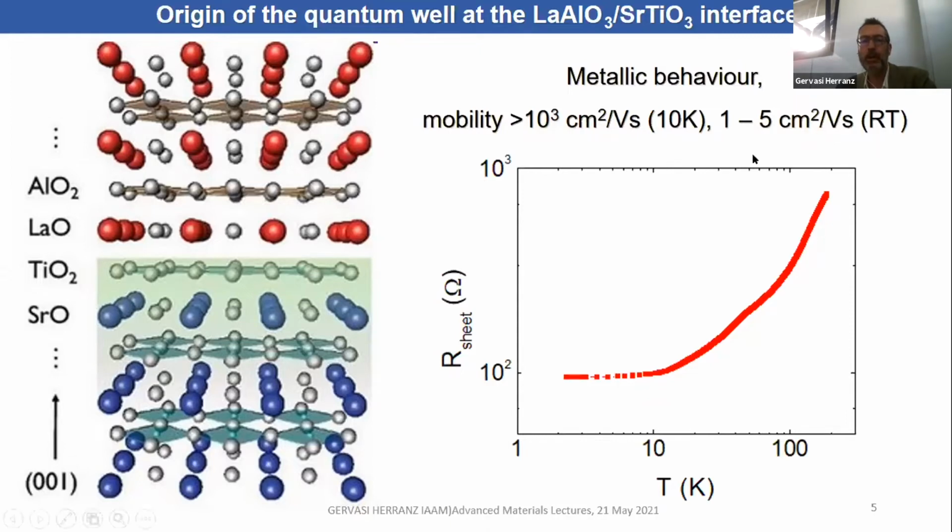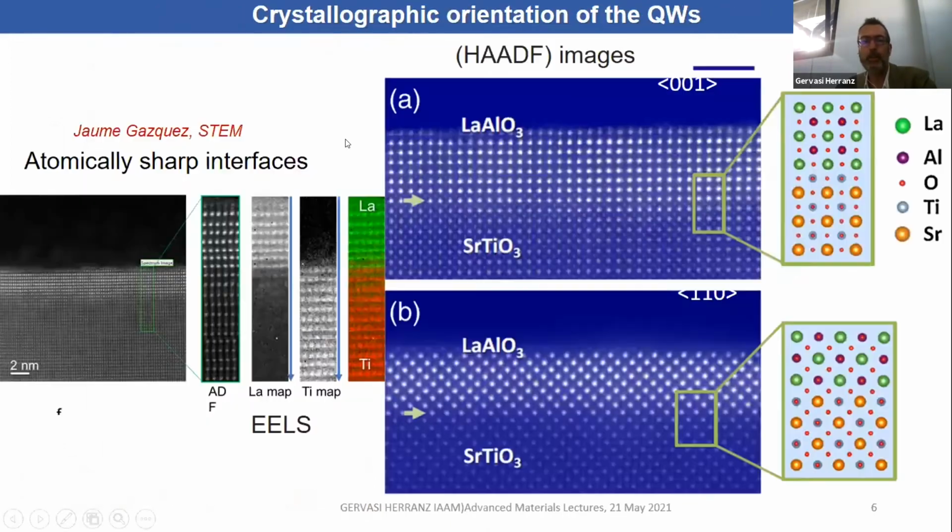So what does it look like when we go to atomic scale resolution? Here I show some of our studies in collaboration with my colleague Jaume Gázquez, who did scanning transmission electron microscopy. These are images with Z contrast. And here, the basic information that we can see is that, first of all, we can grow these heterostructures in different crystal orientations.